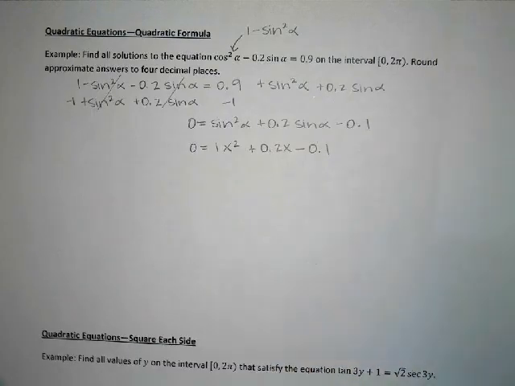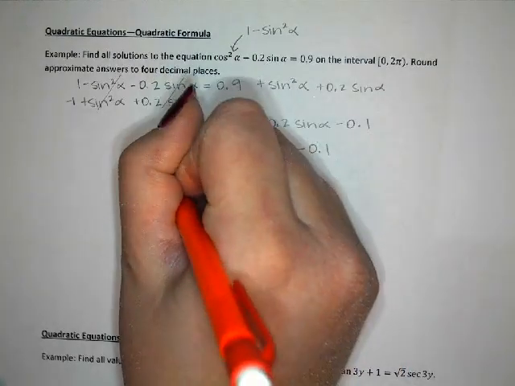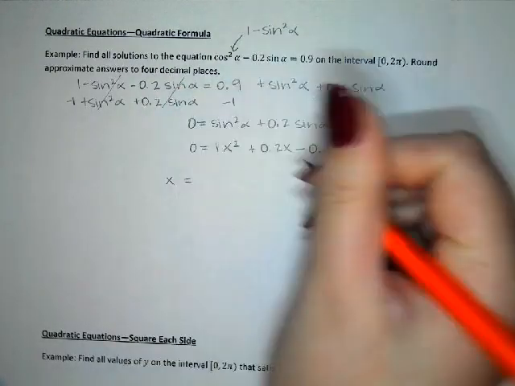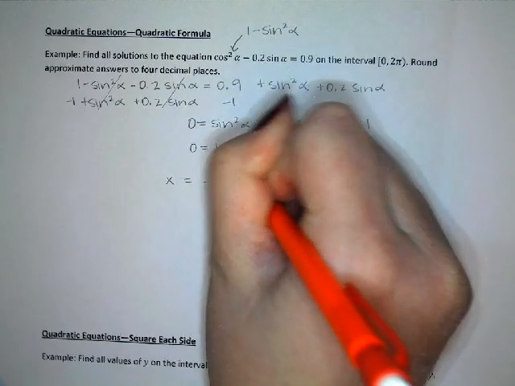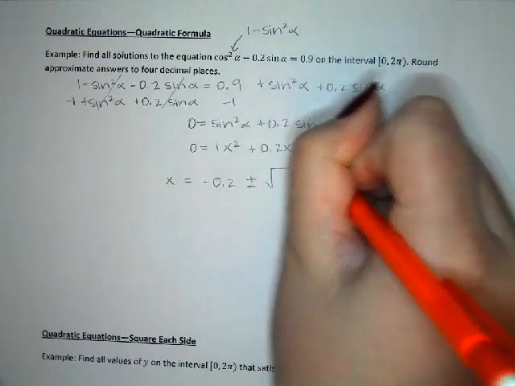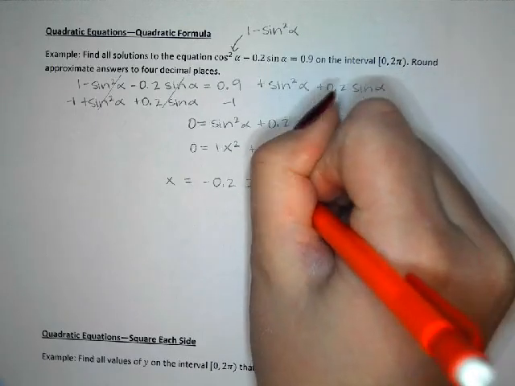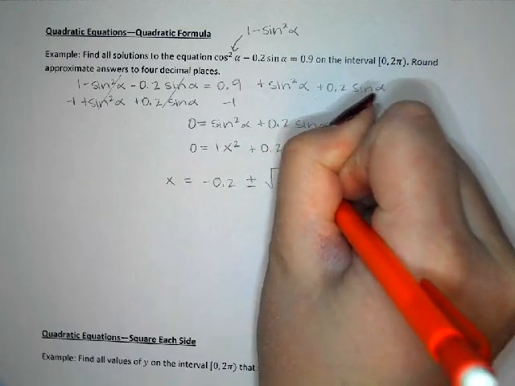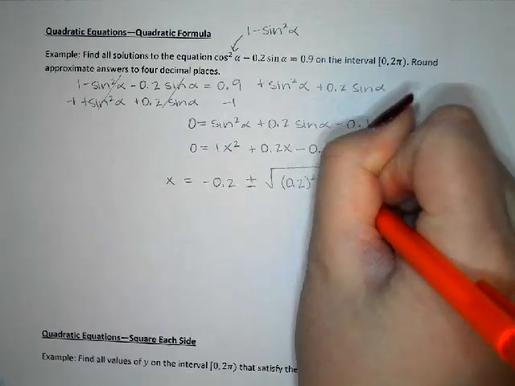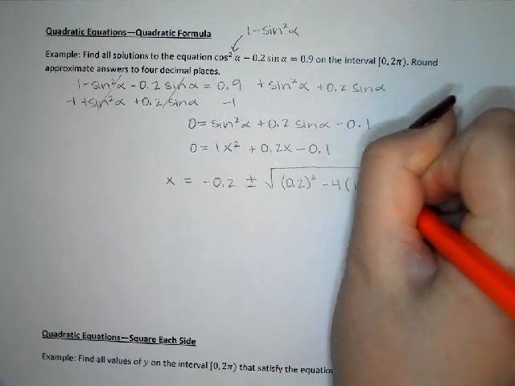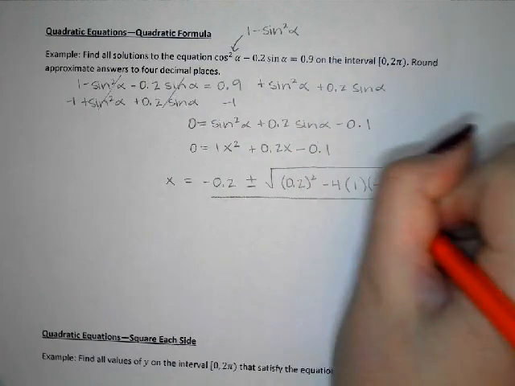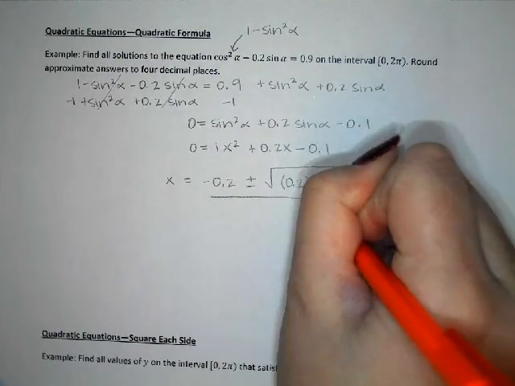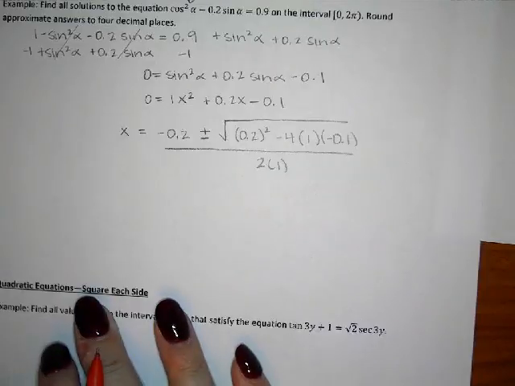So x equals negative b plus or minus the square root of b squared minus 4 times a times c, all divided by 2 times a. And that's going to give me my two solutions, most likely decimal solutions.